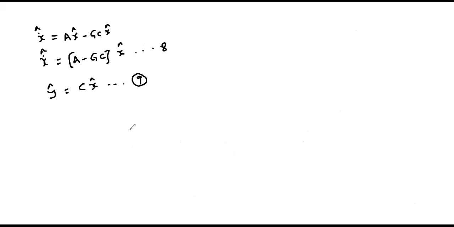From equations 8 and 9, we notice that the characteristic equation of our system will be obtained from the determinant of SI minus A plus GC. That will be our characteristic equation obtained from equation 8.